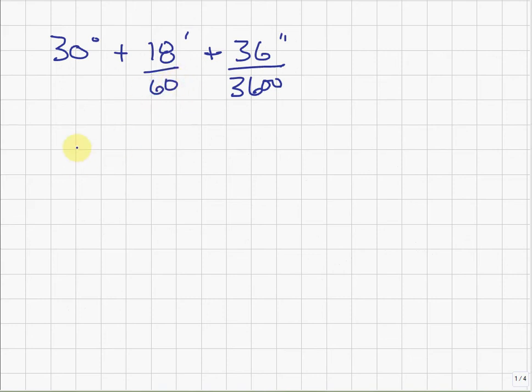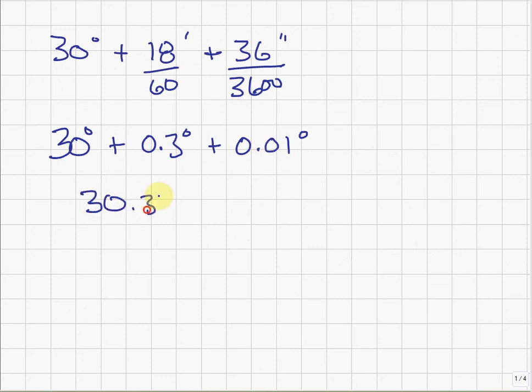And so if I do the arithmetic, I wind up with numbers that look like 30 degrees plus 0.3 degrees plus 0.01 degrees. And I once again get the answer of 30.31 degrees. And so depending on how your brain works, you may find one of those methods easier than the other.